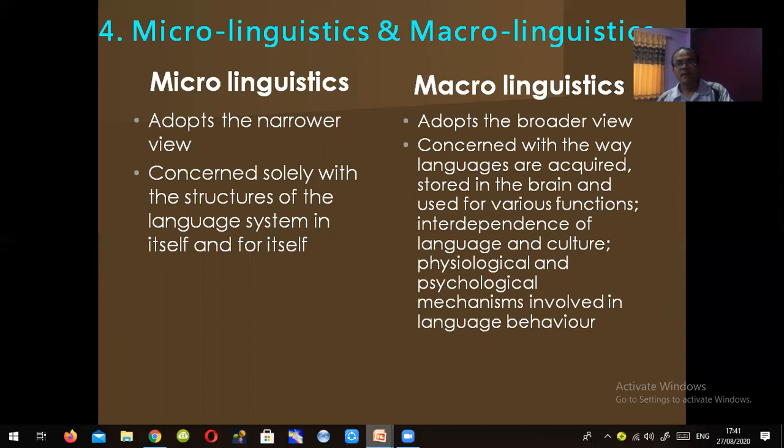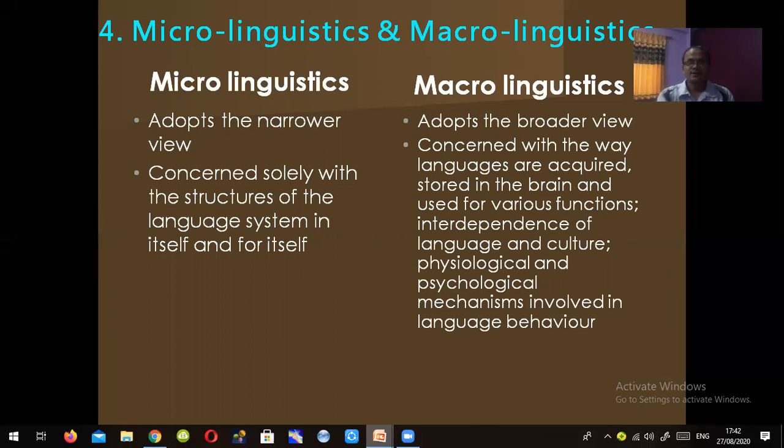On the other hand, macro adopts the broader view and is concerned with the way languages are acquired, stored in the brain, and used for various functions, the interdependence of language and culture, and the physiological and psychological mechanisms involved in language behavior. So macro is related to the applied aspect. Micro is theoretical, and macro is the applied aspect.